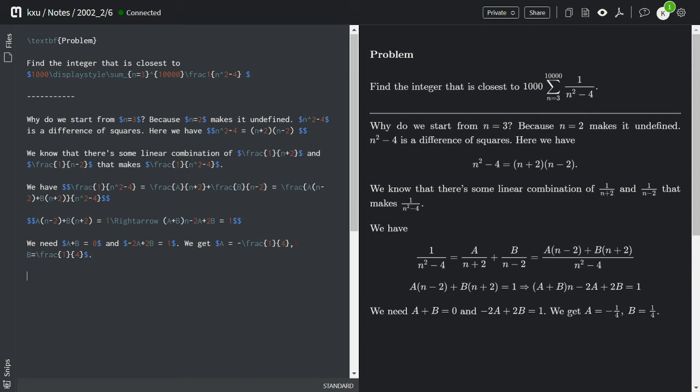And thus we get that our summation, what we want, from n equals 3 to 10,000. Now we have negative 1/4 and 1/4, so we want to bring the 1/4 out of the summation, of course.